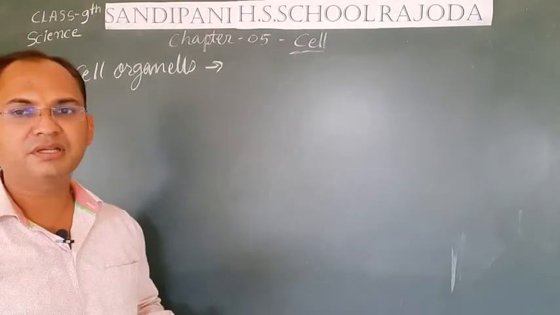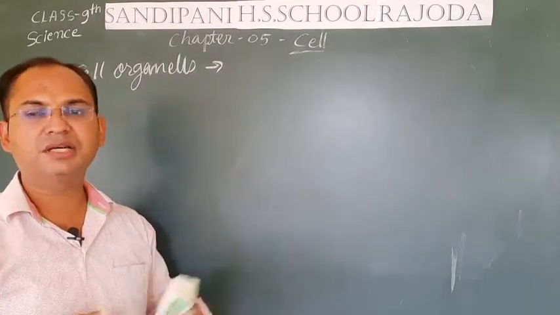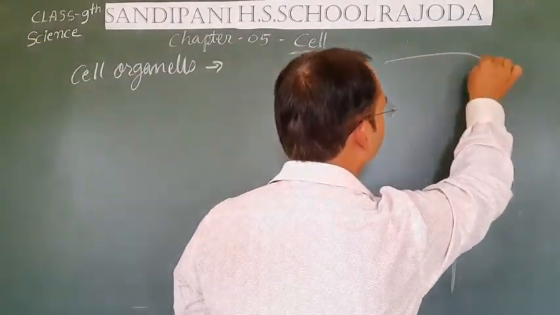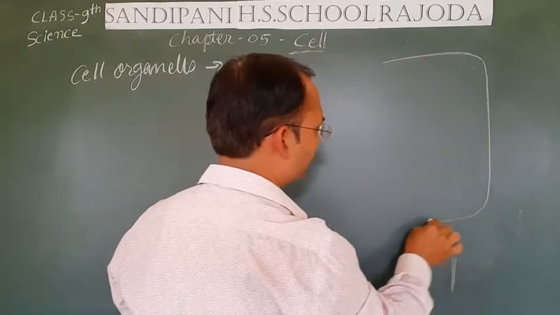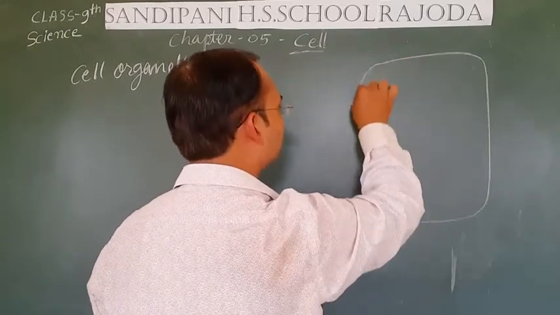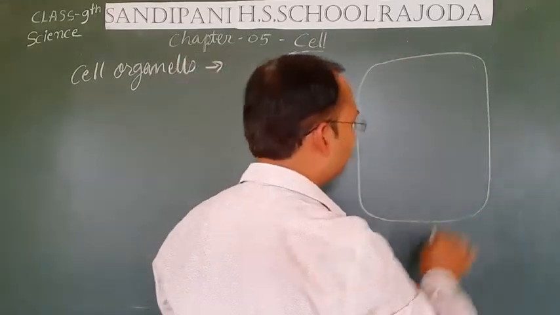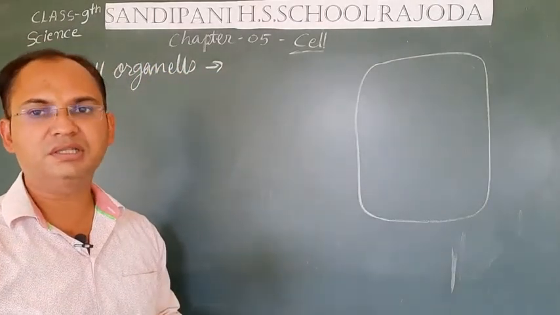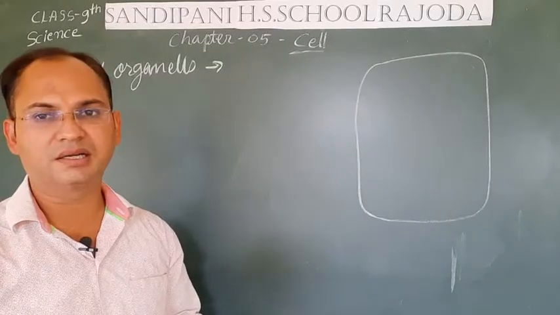The very first cell organelle we will see from the outside to the inside of a cell. See a general structure of a cell. It is neither an animal cell nor a plant cell, but an ideal cell. We will include both structures in this diagram.